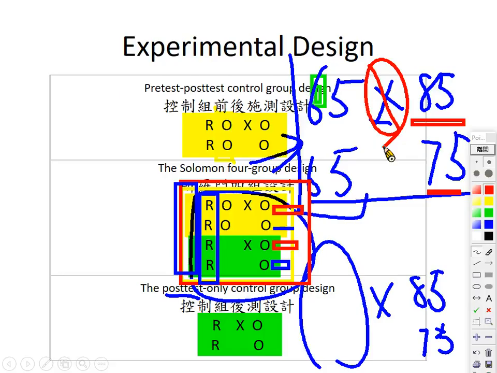Is that right? So in natural science, we can use this to determine the causal effect relationship. But this is for natural science. But how about social science? We know randomization is very difficult to implement. But we still want to pursue the understanding of causal effect relationship, right? So we have another set of experimental design we call quasi.